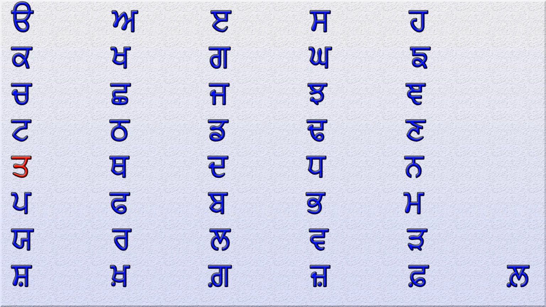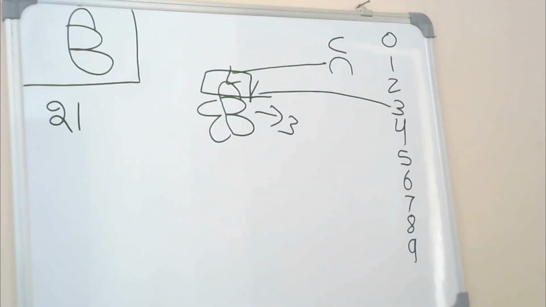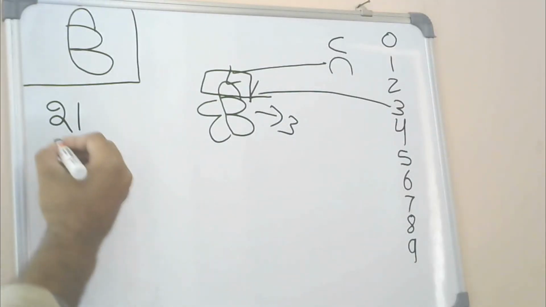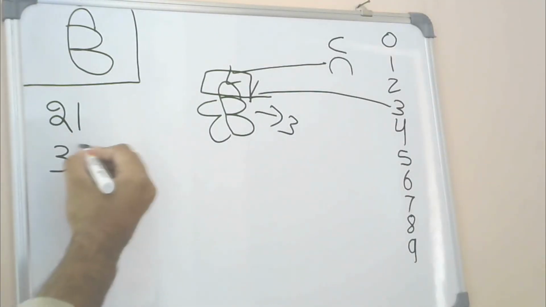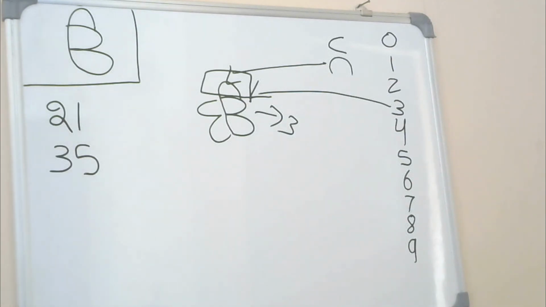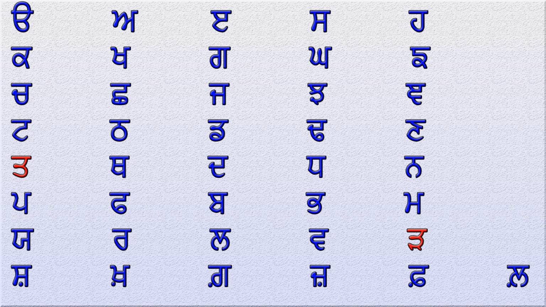But just briefly, if you know the first alphabet in Gurmukhi, then you are going to learn the 21st letter in Gurmukhi. Apart from that, you are going to learn the 35th letter. So these 2 letters you are going to learn if you know the first letter of Gurmukhi.